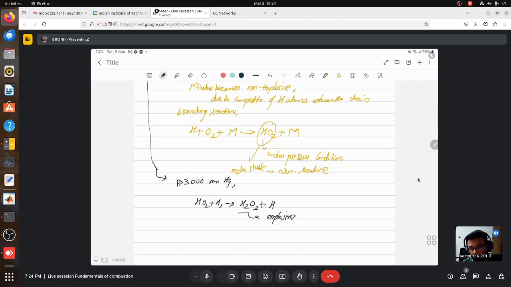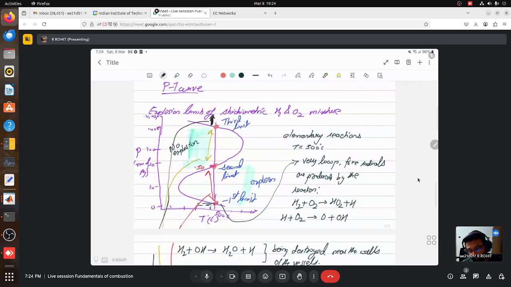If you observe here, this temperature is close to 400 degrees centigrade. When the temperature is less than 400 degrees centigrade, there is no explosion for any pressure value.